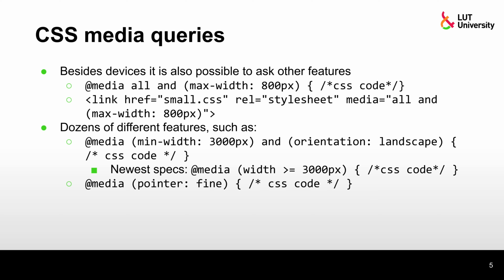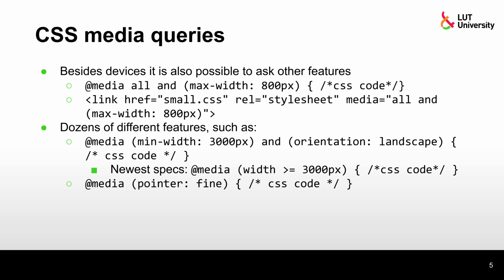It sounds a bit strange. In real life, it means that there is a mouse. If the pointer is not fine, then it means that you are using a touch screen. So you have only your thumbs or other fingers when you are accessing the web page. Or there might be cases where you don't even have a pointer, you have only a keyboard.